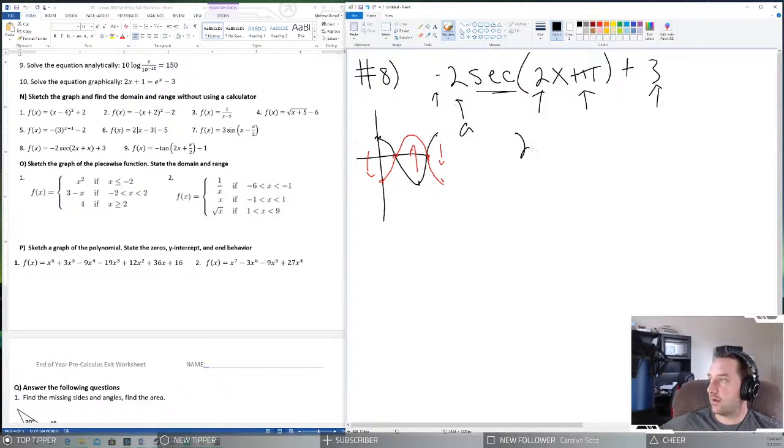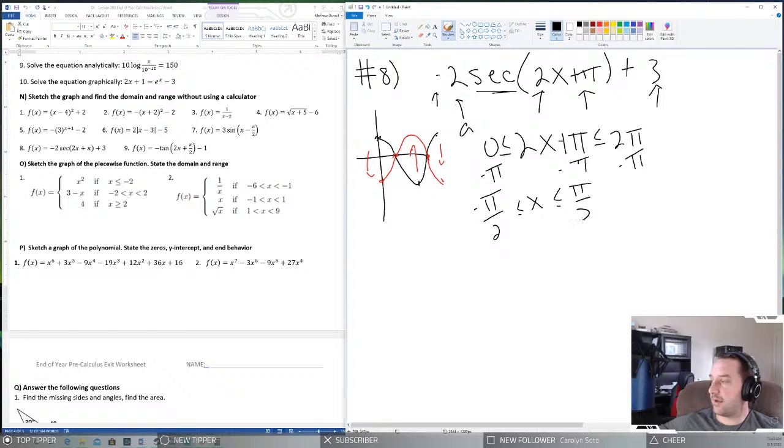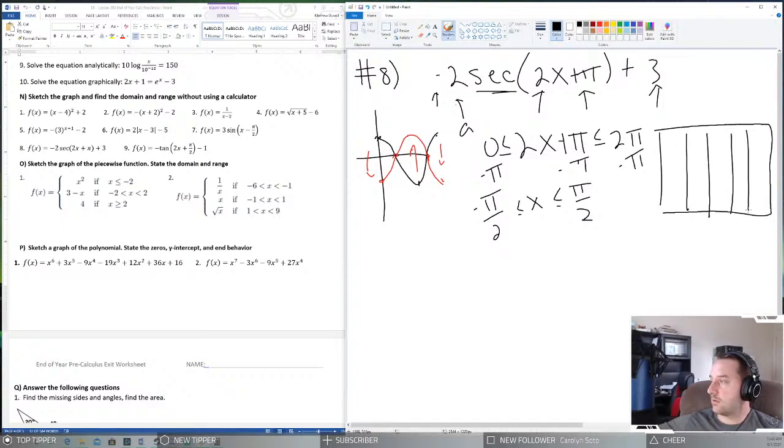So I take the 2x plus pi, and put that between 0 and 2 pi. So I'm going to minus pi. I get negative pi halves, because then I'm going to divide by 2, is less than or equal to positive pi halves. So then negative pi halves and positive pi halves.